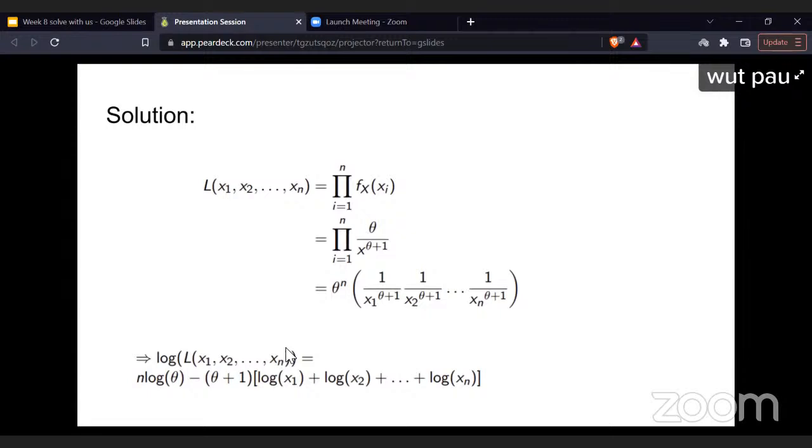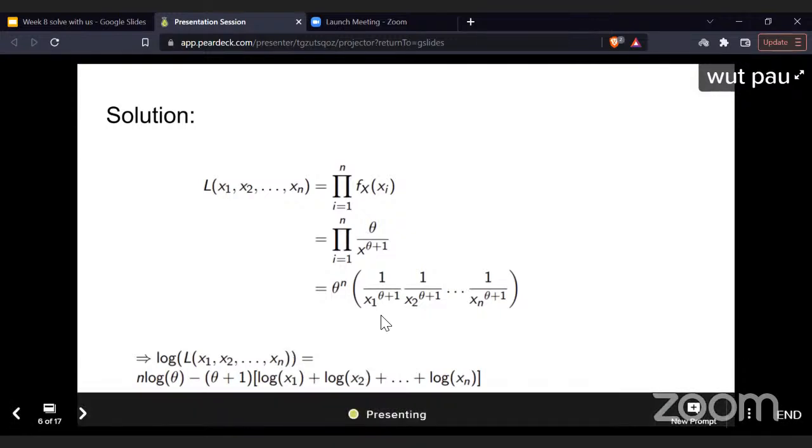Okay, so once you take the log of this whole term, got it? Yes, ma'am. So it will become minus of theta plus 1 times log of x1 x2 up to xn. Right? So once we found the likelihood function, after that we go for log likelihood.